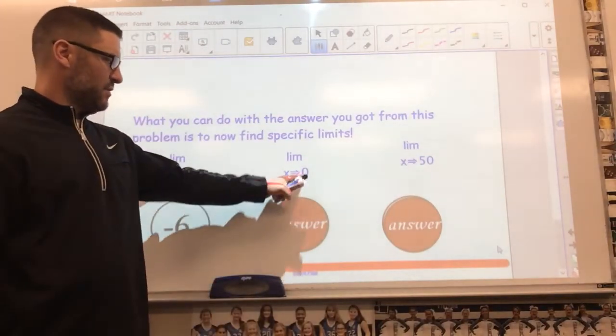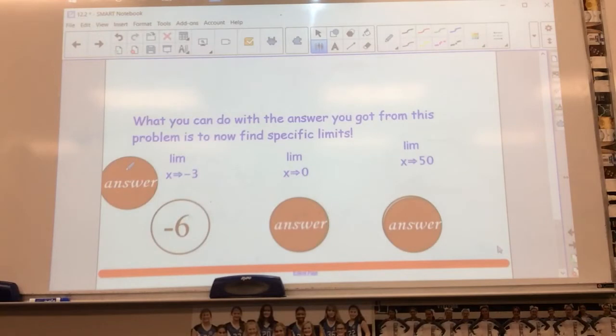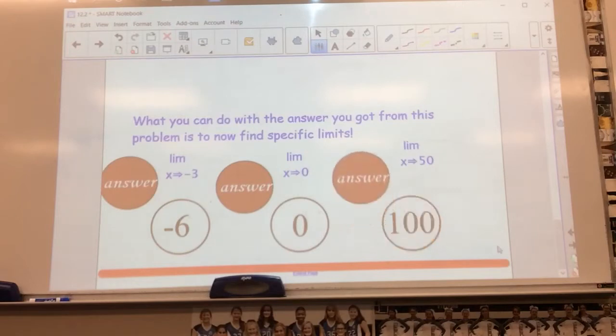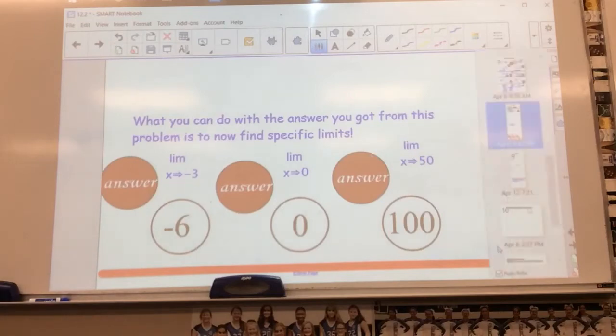If I plug 0 into the 2x value, you get 0. And if I plug 50 in, 2 times 50 is 100. So you can find specific limits at specific spots.